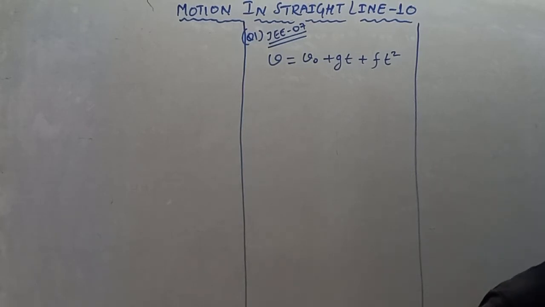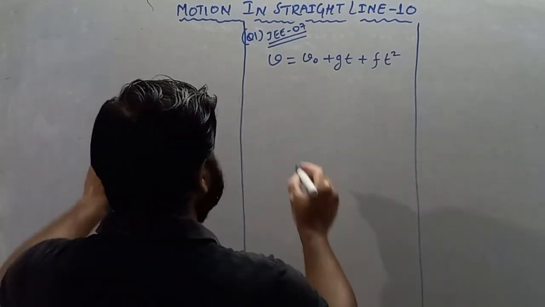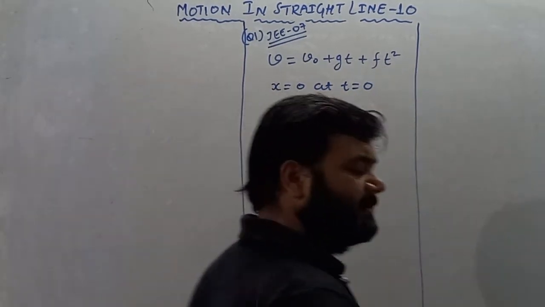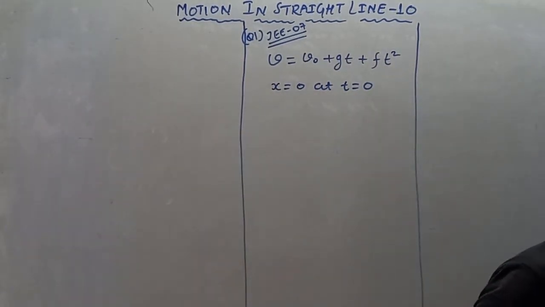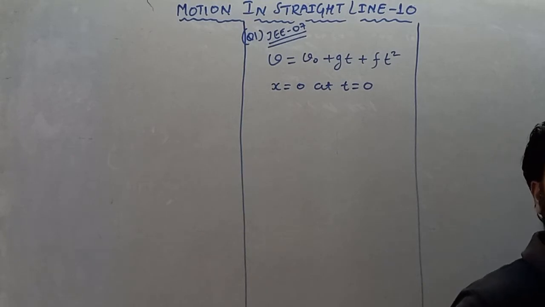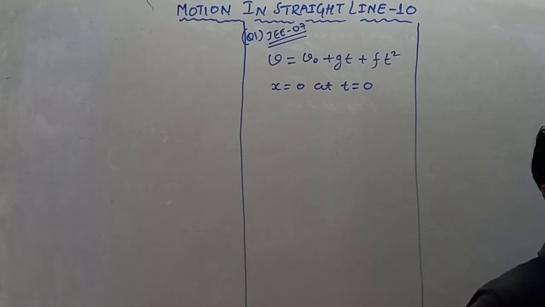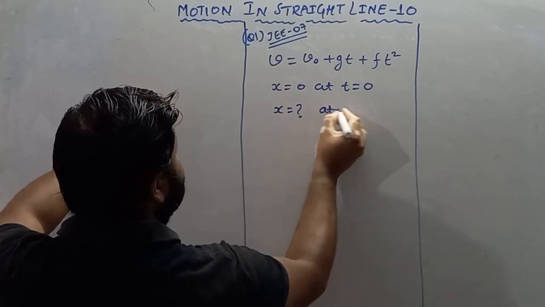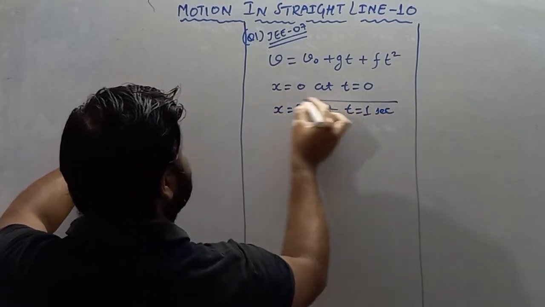If its position is x equals 0 at t equals 0, then what is its displacement after time t equals 1 second? They are asking for displacement simply at t equals 1 second.